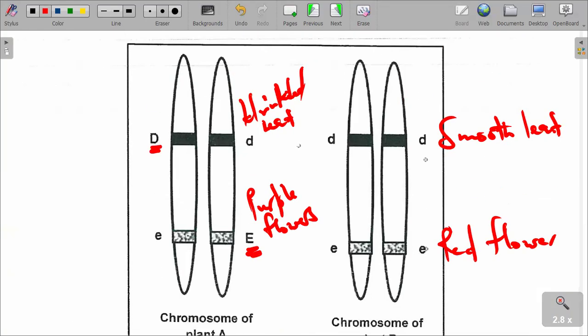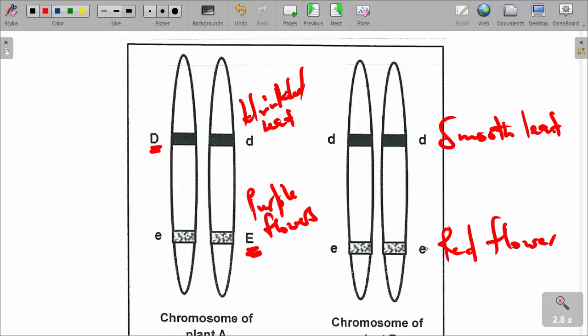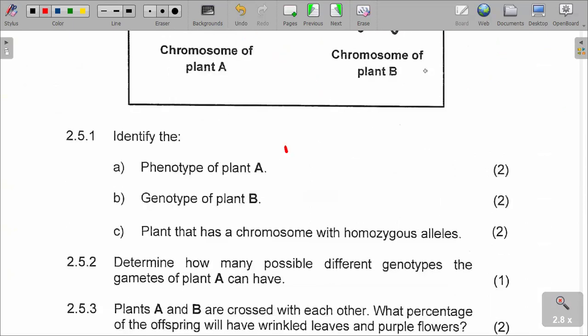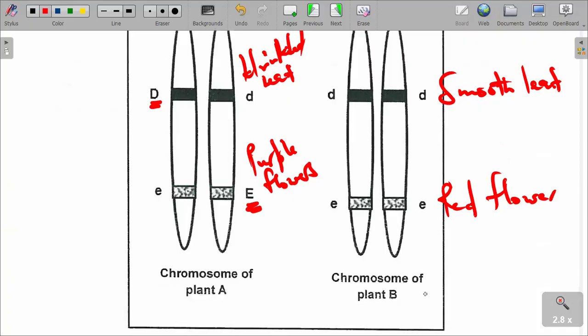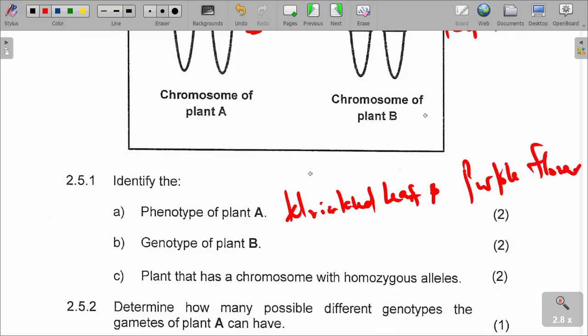So this is what we need to take note of, class. Identify the phenotype of plant A. The phenotype of plant A, it is wrinkled leaf with purple flowers.